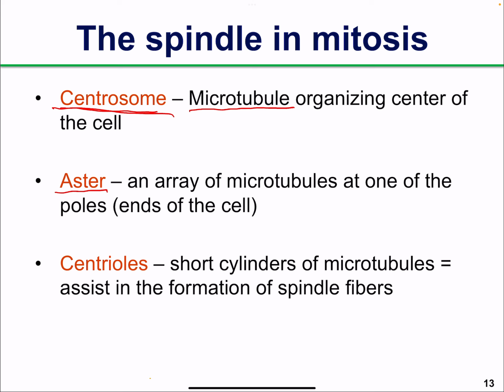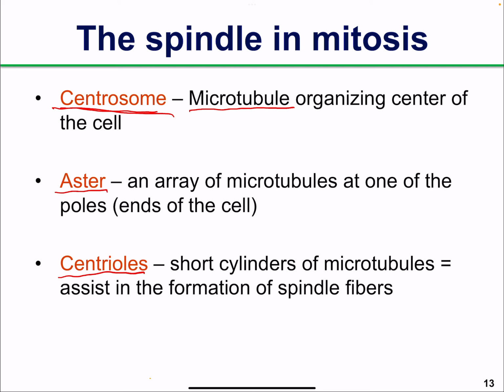And the centrioles are going to be some short cylinders of microtubules. This is where the building blocks of microtubules are going to come from, right? And develop so that the mitotic spindle can develop, right?